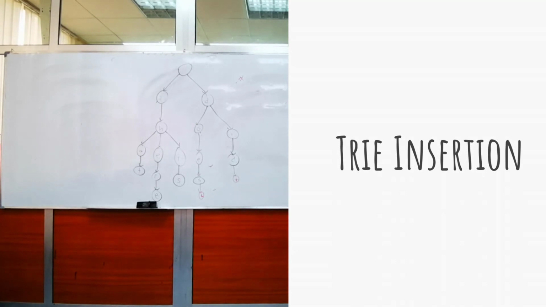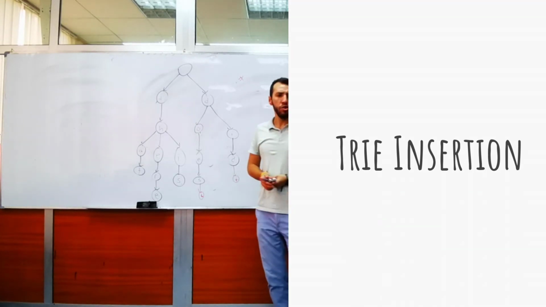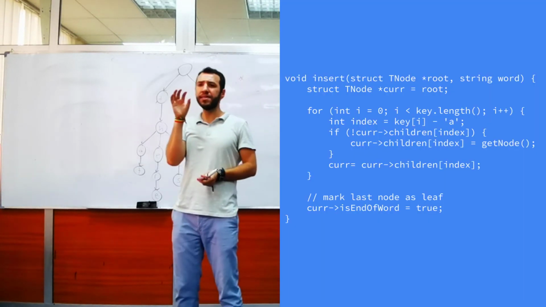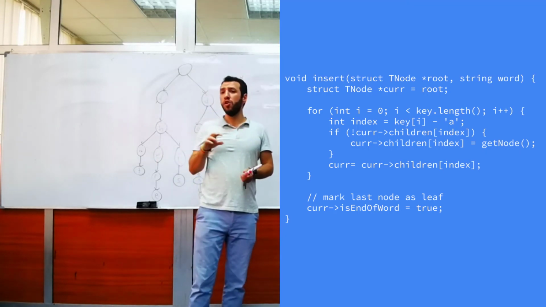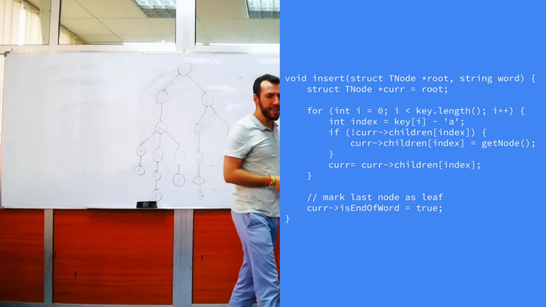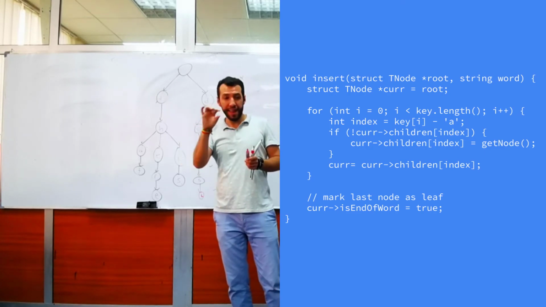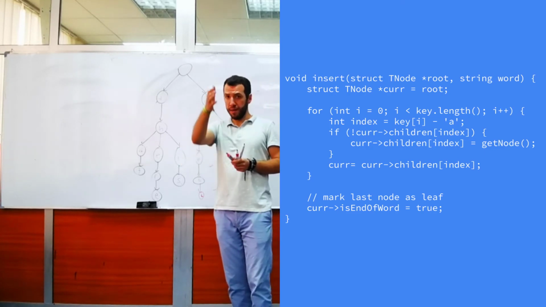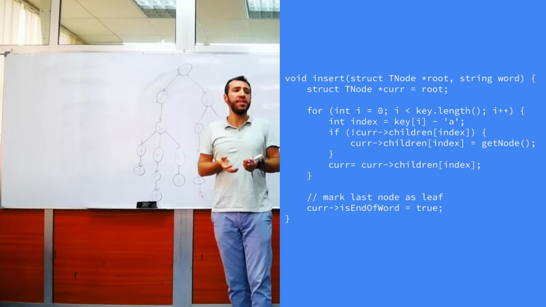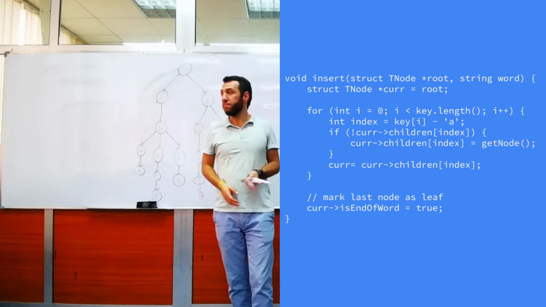Now let's take a look at how the insertion is going to look. We start from the root node as well as from the first character of the word. And then we look for the index of that letter. You can have different representations of your children, but it makes sense to represent them in an array.